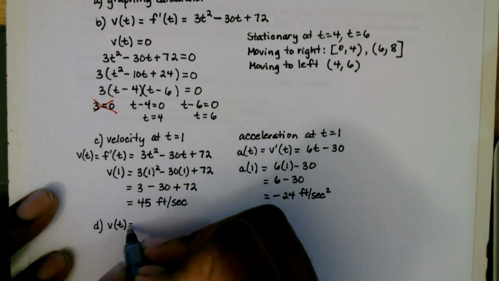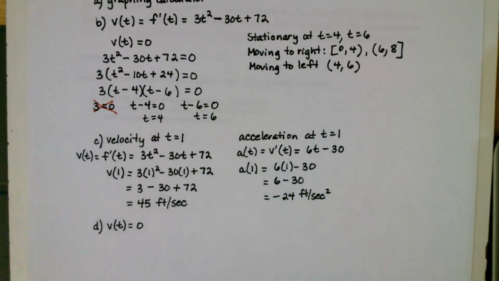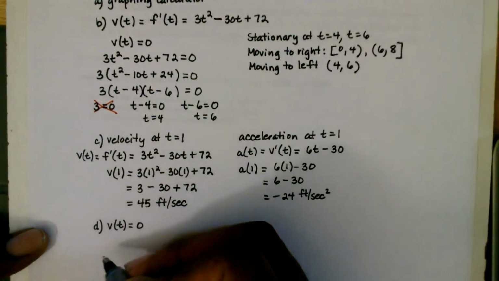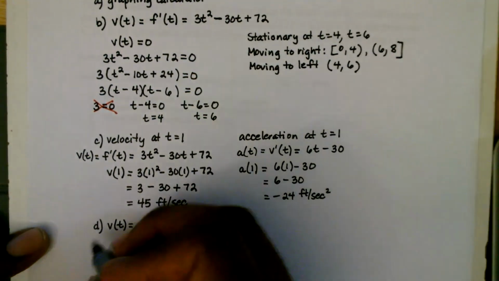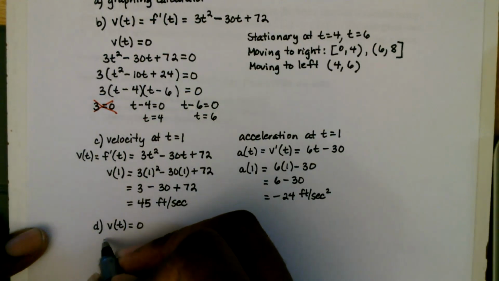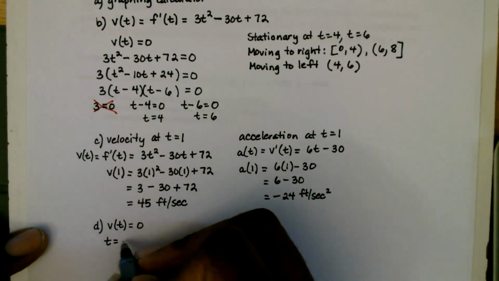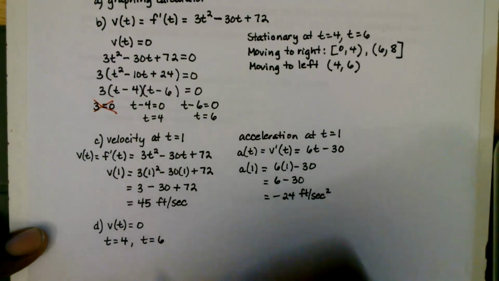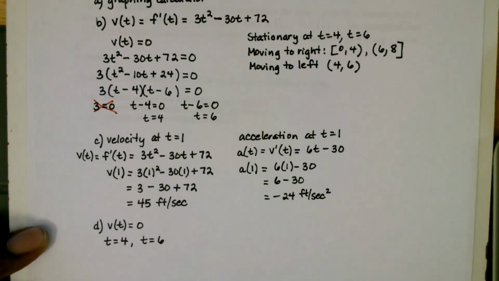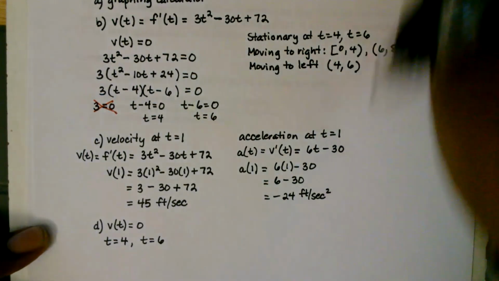So at v of t equaling 0, when the velocity was 0, that means in this case, our t values were 4 and 6.